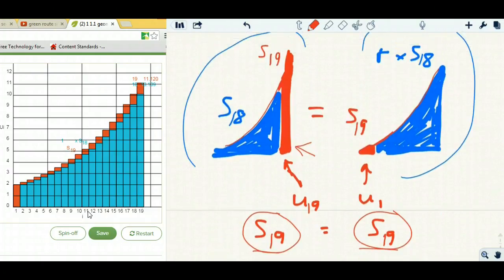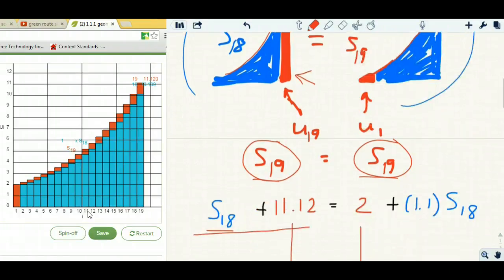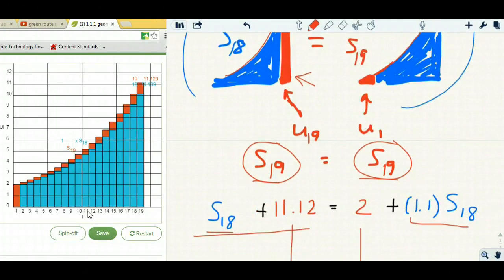And then the right side, I'm going to break it down differently. I'm going to say that the blue triangular shape times 1.1, which makes it 10% higher, covers up the right side of the red shape. What's left over is the first bar of the red shape, which is 2, right? That's how much he ran on the first day.